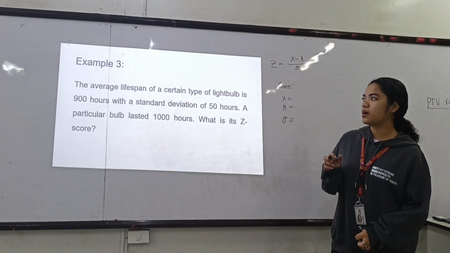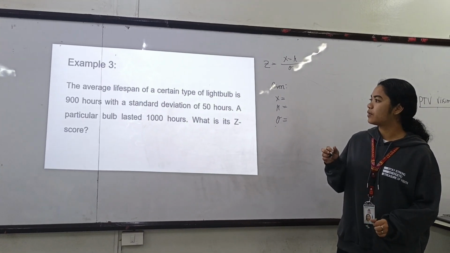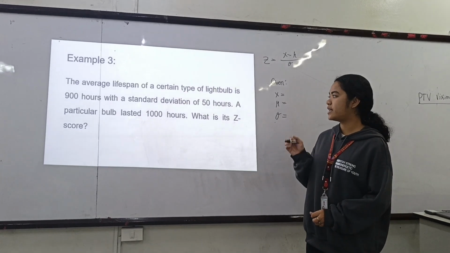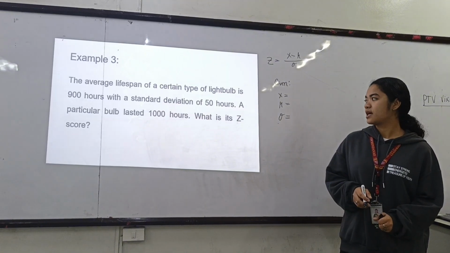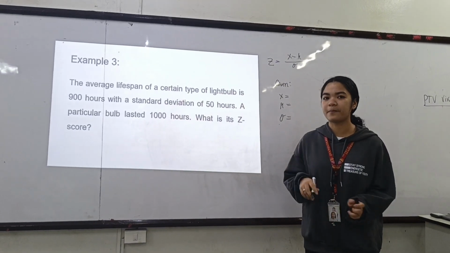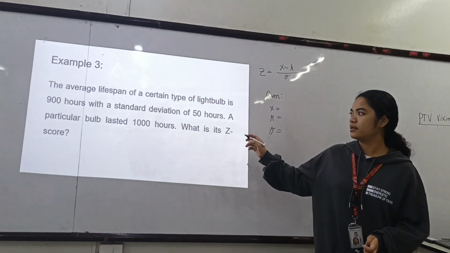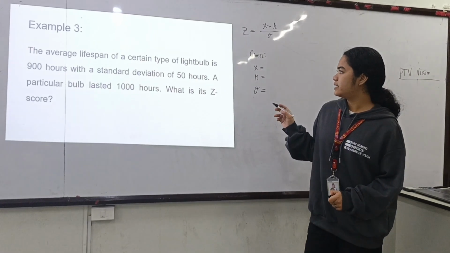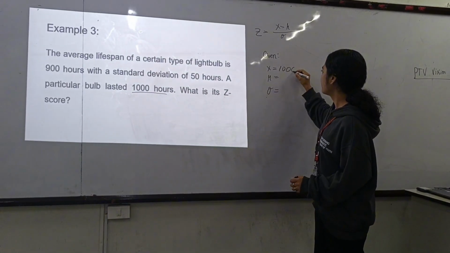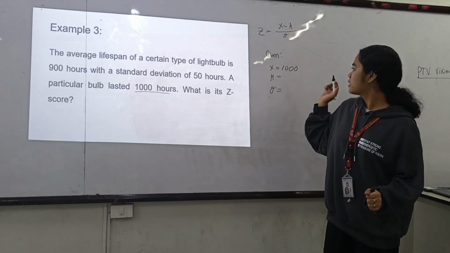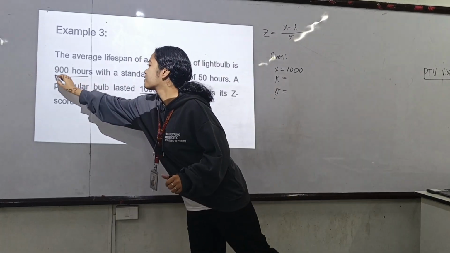Next, we have example number 3. The average lifespan of a certain type of light bulb is 900 hours with a standard deviation of 50 hours. A particular bulb lasted 1000 hours. What is its z-score? First, we need to find the given of the examples. Our x is equal to 1000 hours. Our mean is 900 hours.